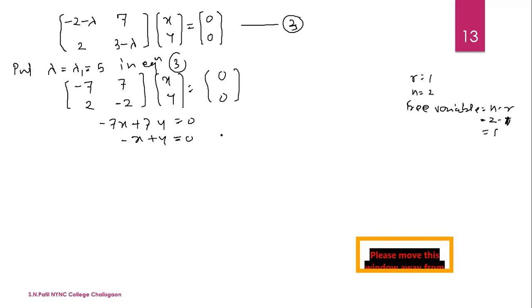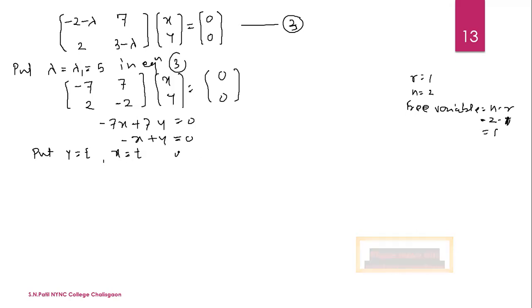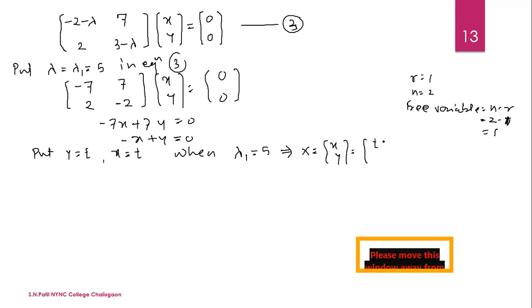Put y is equal to t as the free variable. Substituting y is equal to t, we get x is equal to t. So when lambda is equal to 5, its corresponding eigenvector is t comma t. We assume t as 1 for simplicity.